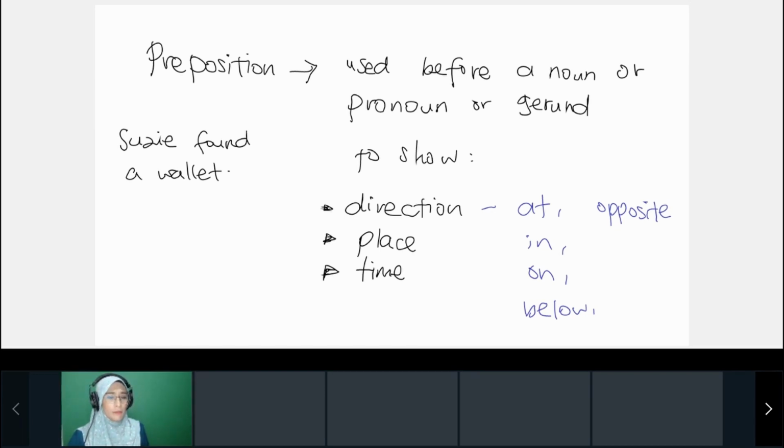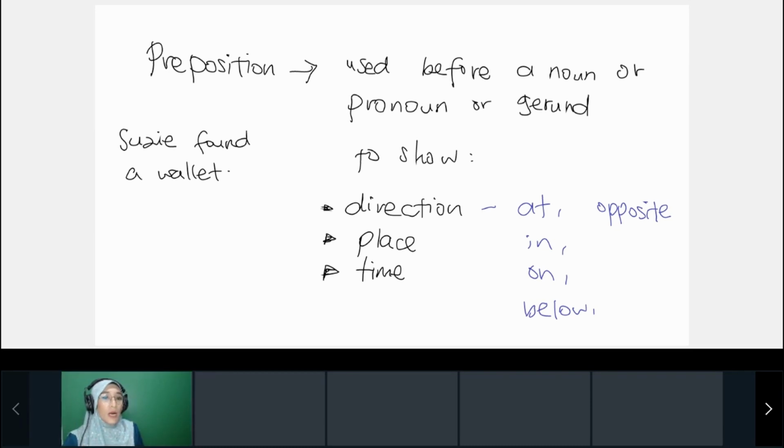But if you are going to tell this to someone, that someone might ask you, where did you find it? I would ask that, where did you find it? So where did Susie find it? Where? So you can add on a preposition.